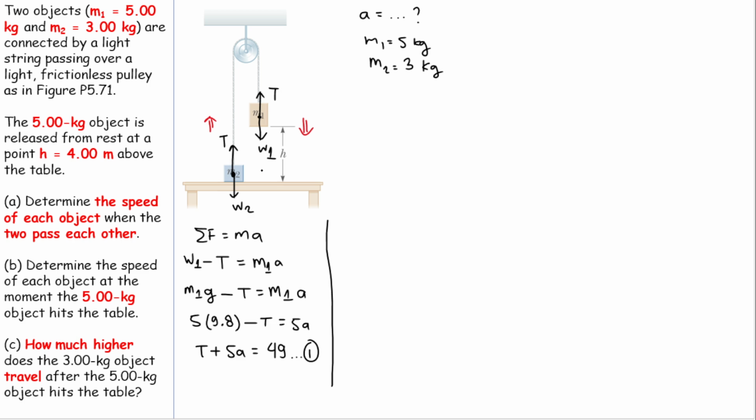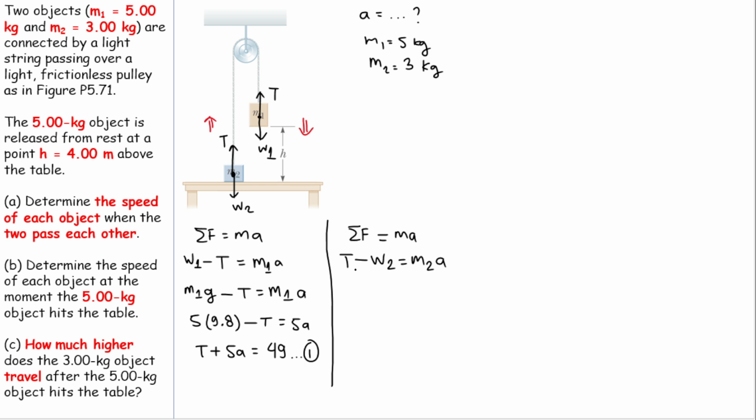Good. However, we have a different direction here. This is going up, right? So the consequence is that the T comes first. So I will have sigma F equal to mass times acceleration, and this T goes up first. So I'll have T minus weight number 2, and that will equal mass number 2 multiplied by the acceleration.